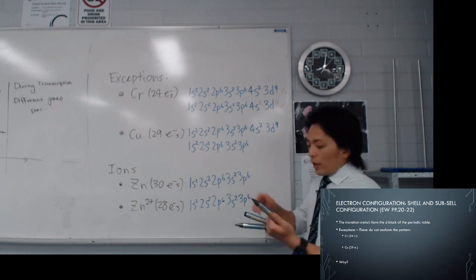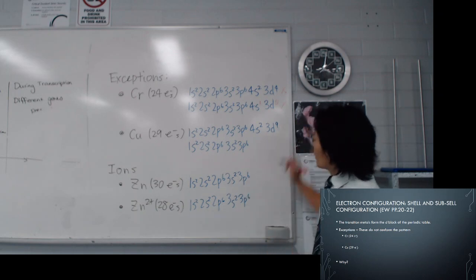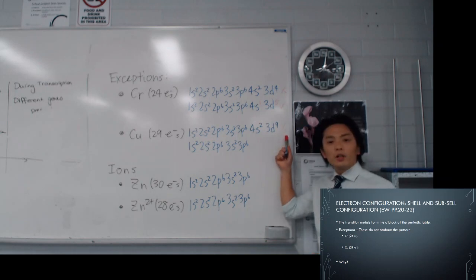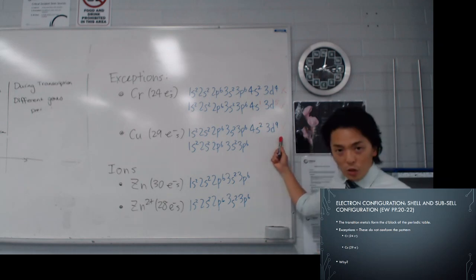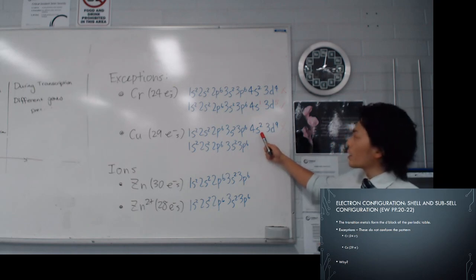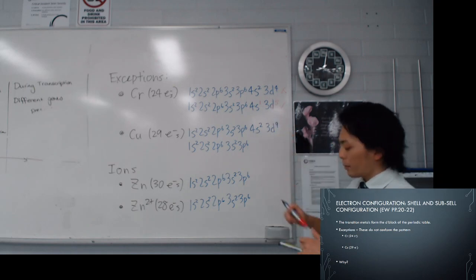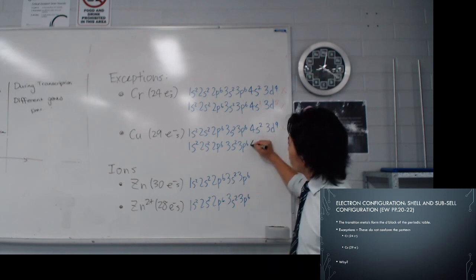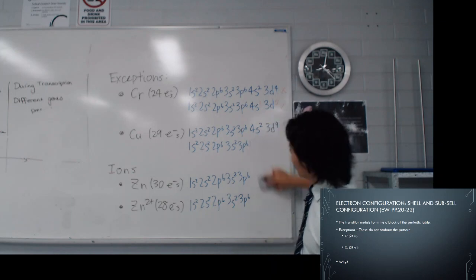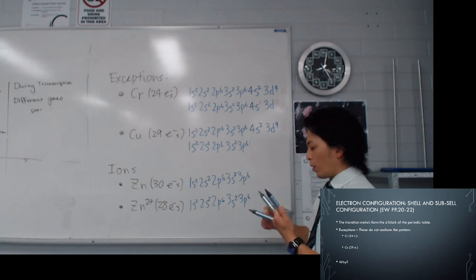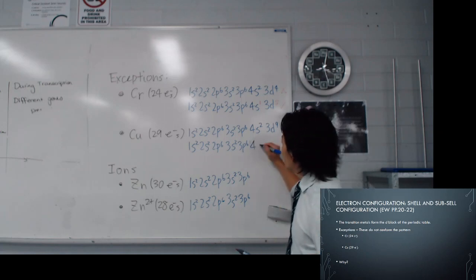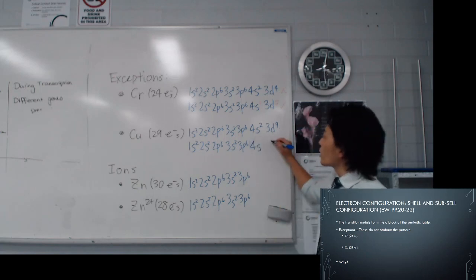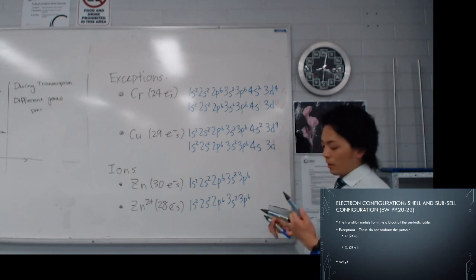Now your guess would be incorrect, because that's an exception and it wants to do something very similar to what chromium does. Copper also wants to put one of the 4s electrons into 3d.